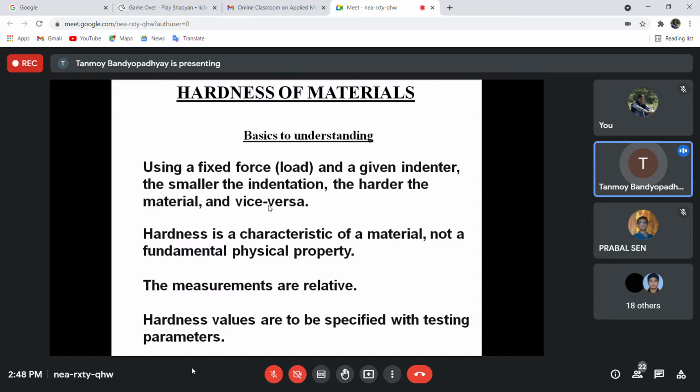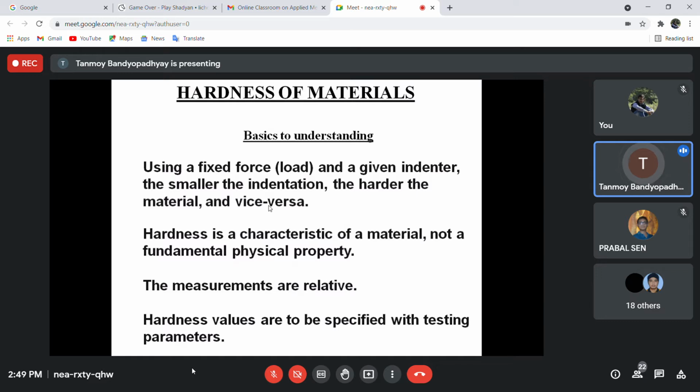So the higher hardness material has the ability to scratch, or to indent the other material. It is just a relative comparison between two materials. So if you want to find out which material has the ability to cut the other material, or which material has a higher indentation strength or a higher cutting strength and all those things, in that case we define the hardness of a material.